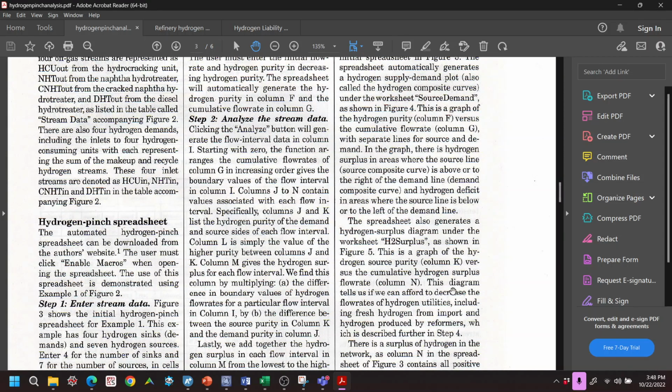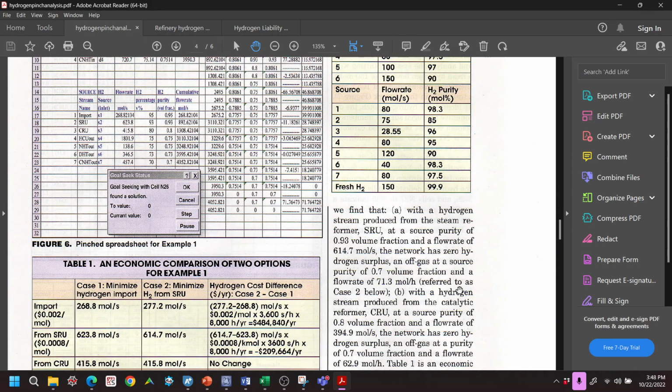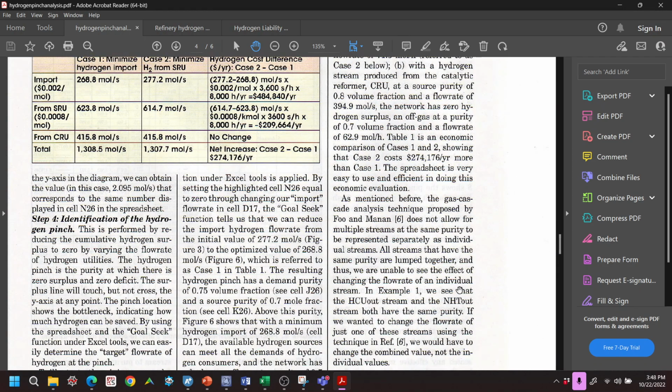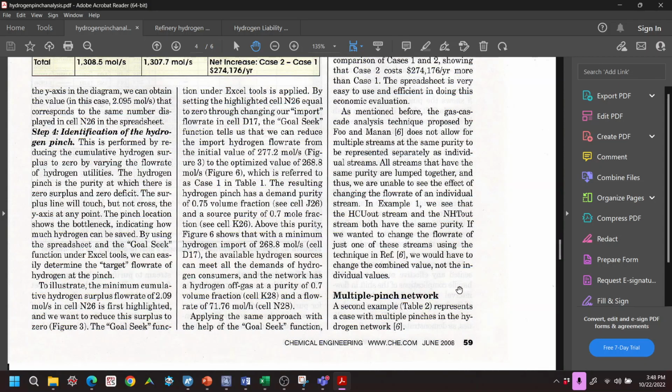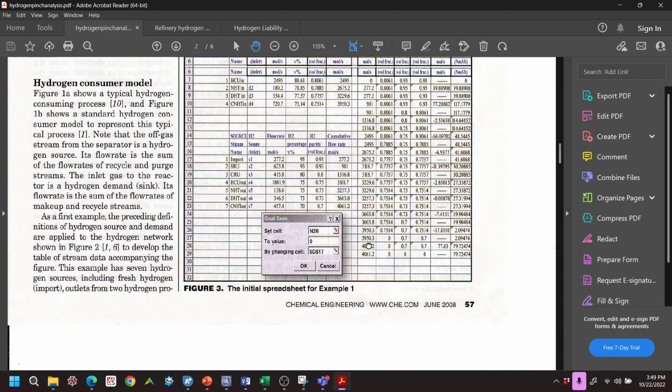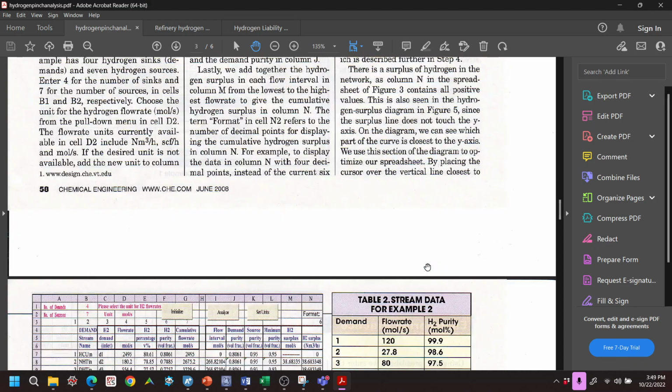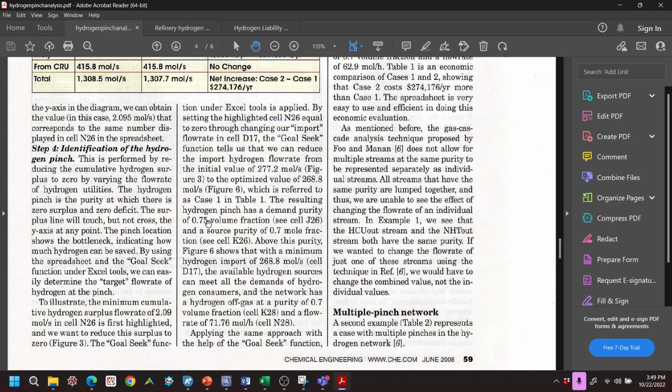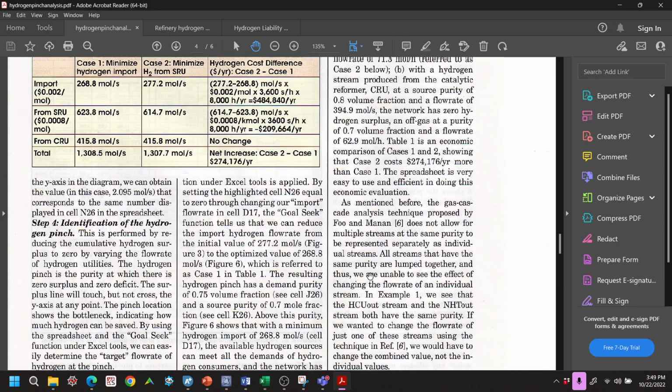They have this analyze button and stuff. Surplus weight of 2.9, which is that one, in case example 1. Right, so in figure 3, this one is the 2.09, in case 1.